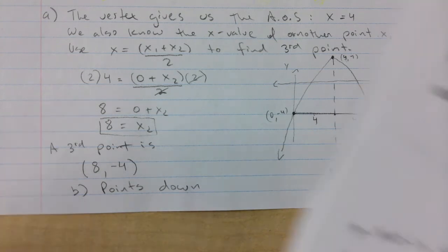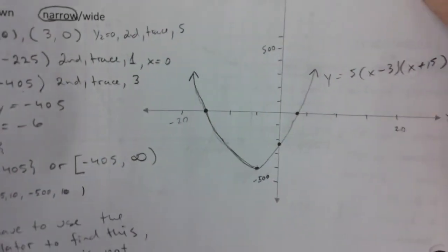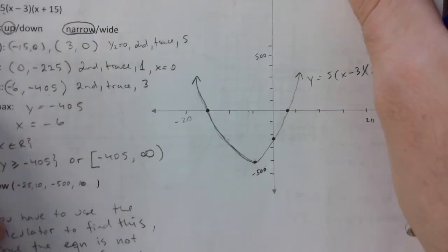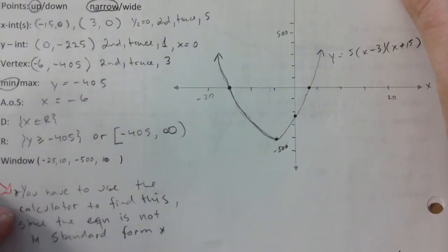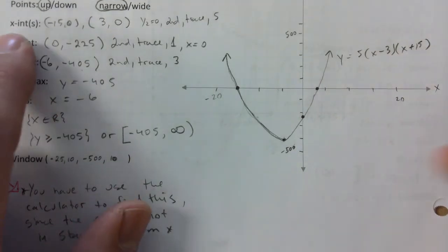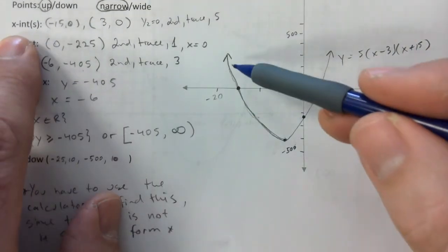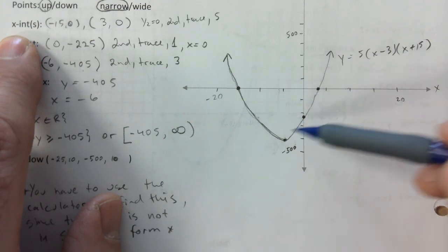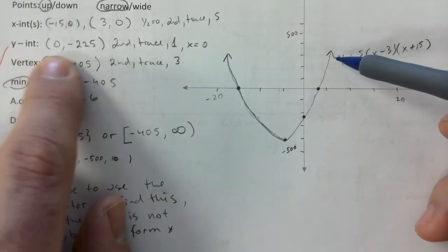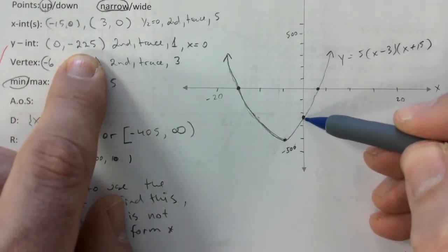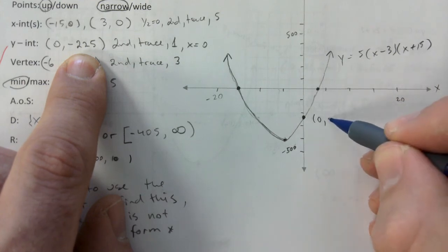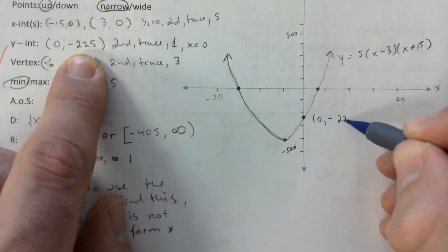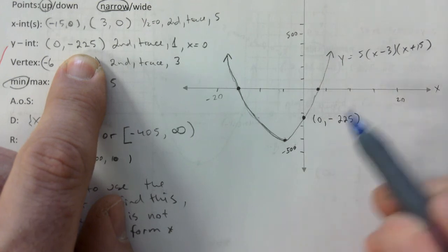So if we were to go to question 4 on page 4, okay, we knew that this is our parabola here, in this case it's pointing up. We know that the y-intercept right here is 0, negative 225, right?